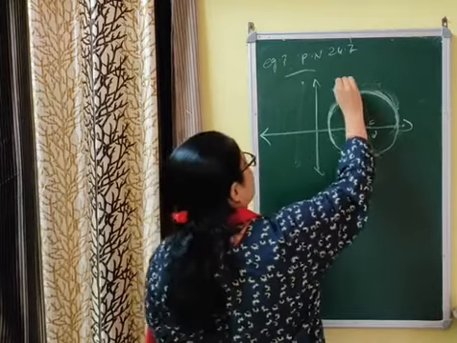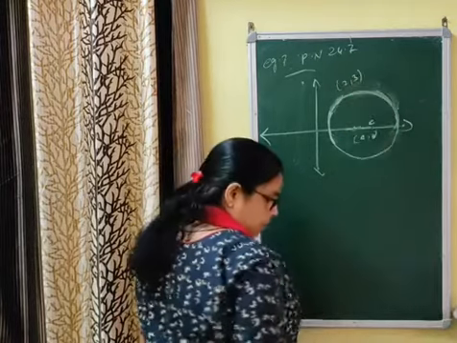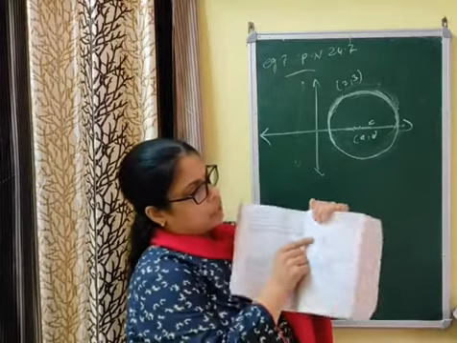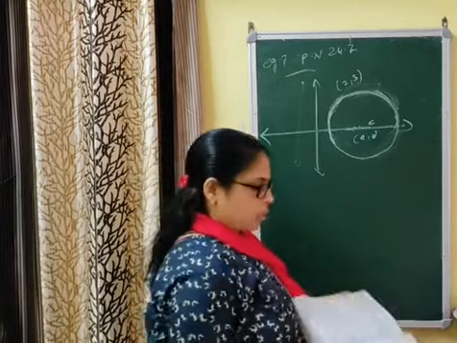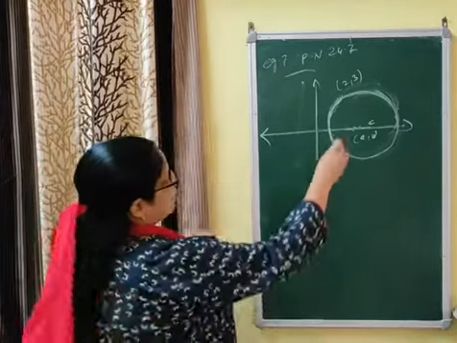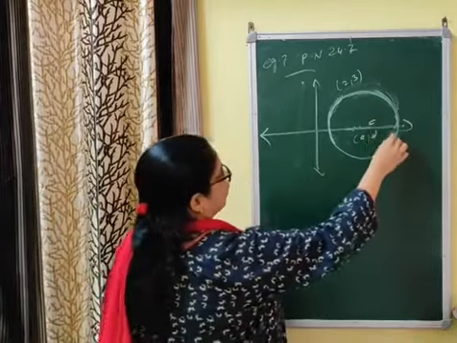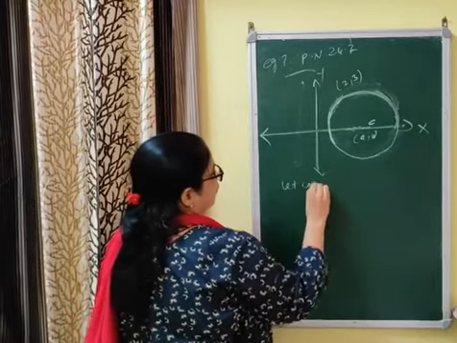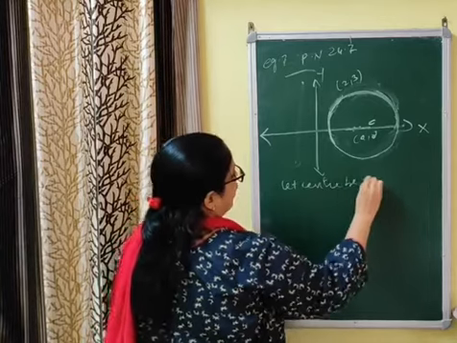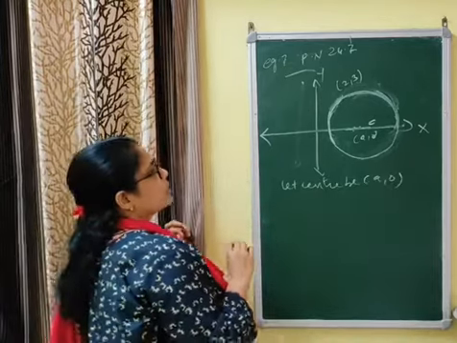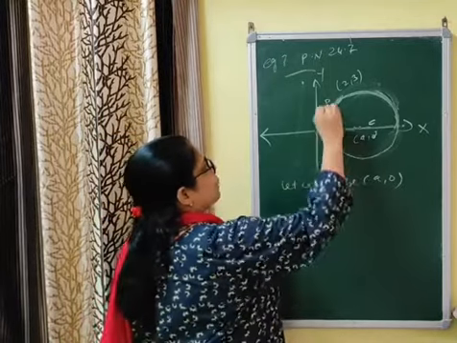In R.D. Sharma, two circles are drawn, but no need of drawing this first circle. By drawing this one, you will get confused. Now let the center of the circle be on the x-axis, and let the center be (a, 0). The circle is passing through the point, say P.